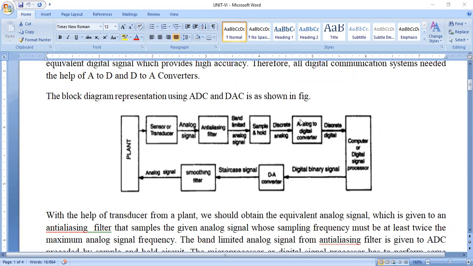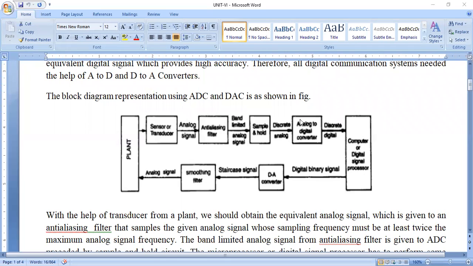That means the digital to analog converter converts the digital signal into an analog signal. The objective is the opposite nature of the ADC. The digital to analog converter is operated at the same frequency as the analog to digital converter.